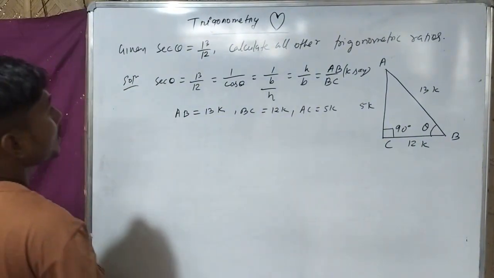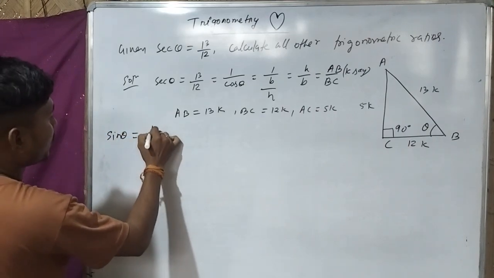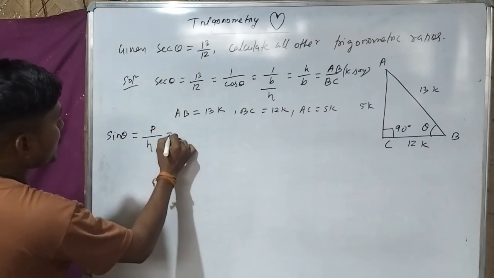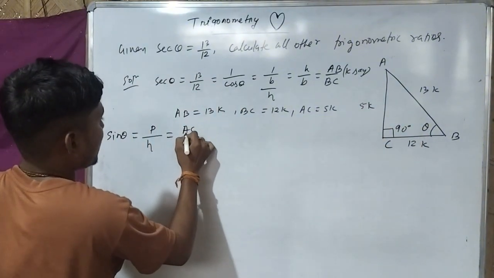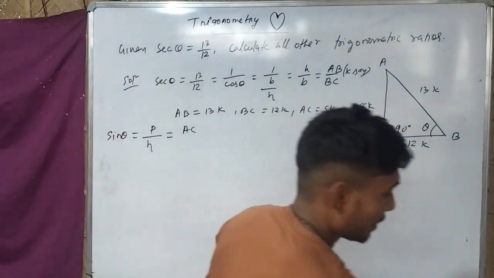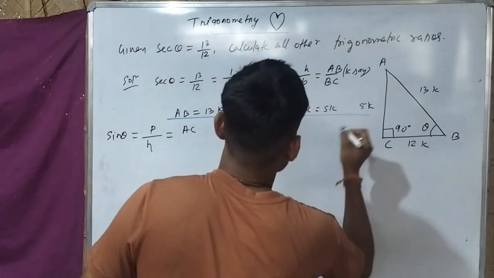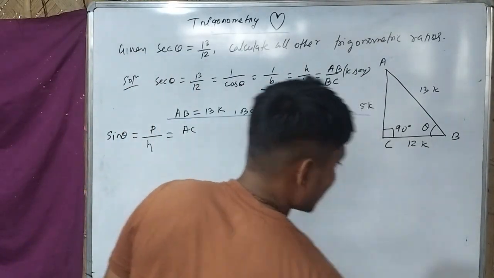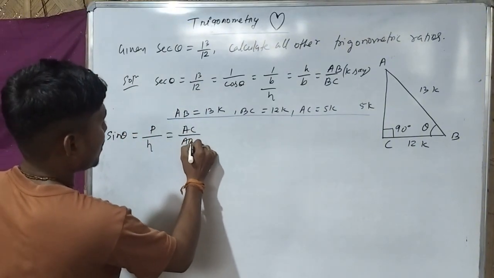It's very easy. First of all I will start with sin theta. The formula for sin theta is simple: perpendicular by hypotenuse. For sin theta, the perpendicular will be AC and the hypotenuse will be AB.